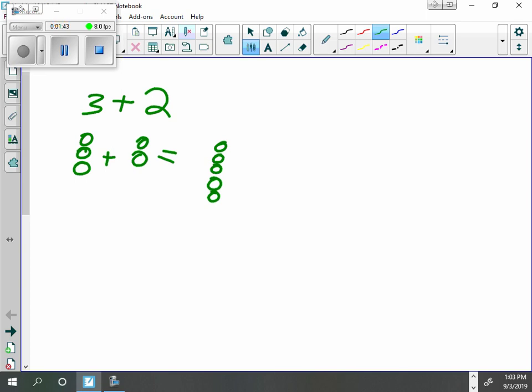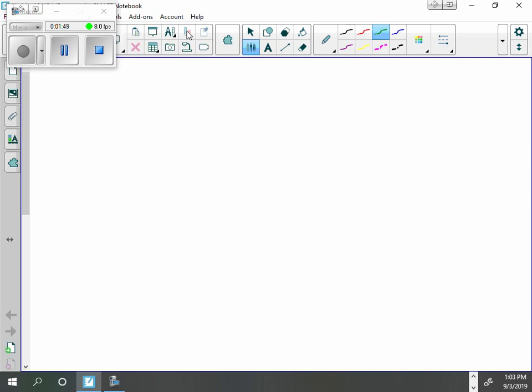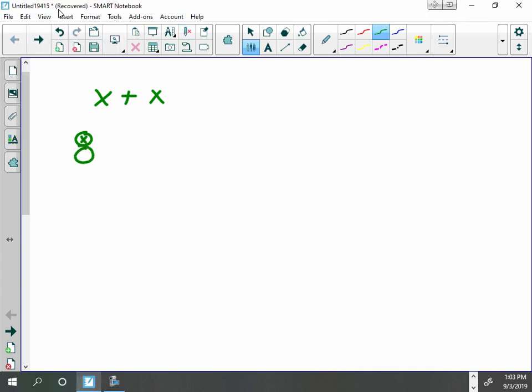Pretty simple, right? Well, the same is true when I start adding variables. So if I had x plus x, I have an x, and I'm going to add an x, and the only result that can come out of that is 2 x's.